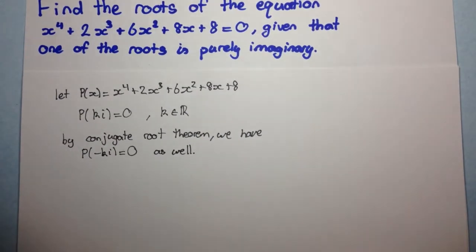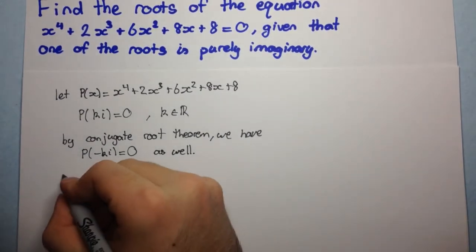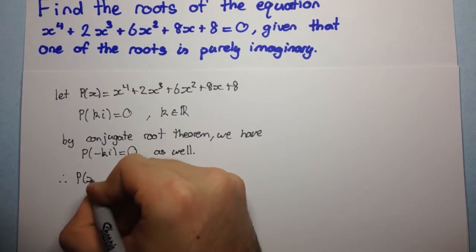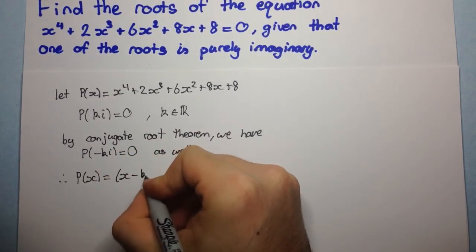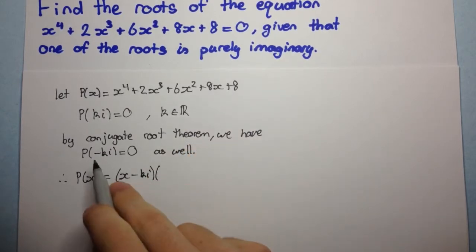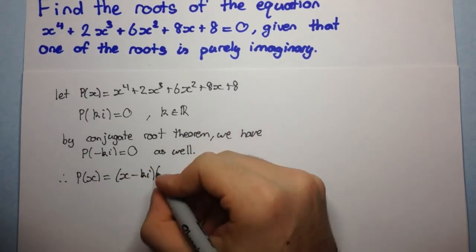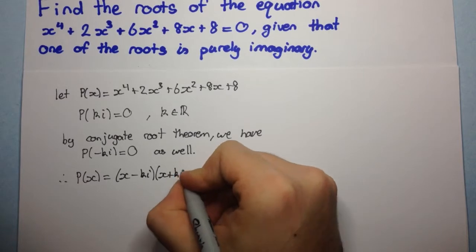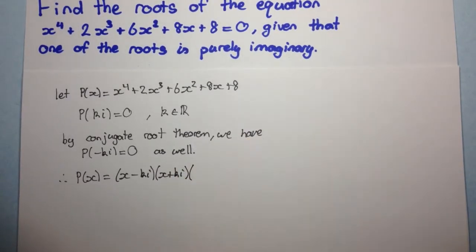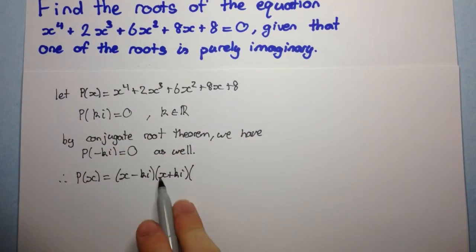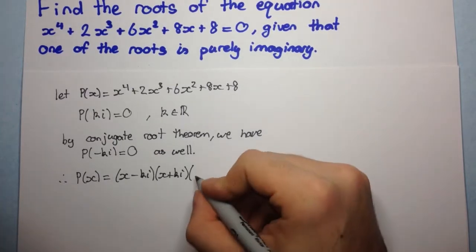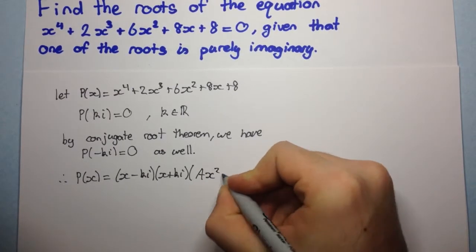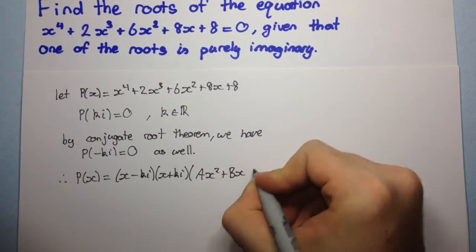So therefore p of x is equal to x minus ki into x plus ki, times, now this is a degree of 4, and these two make up a degree 2, so we need a general quadratic, so that would be ax squared plus bx plus c.